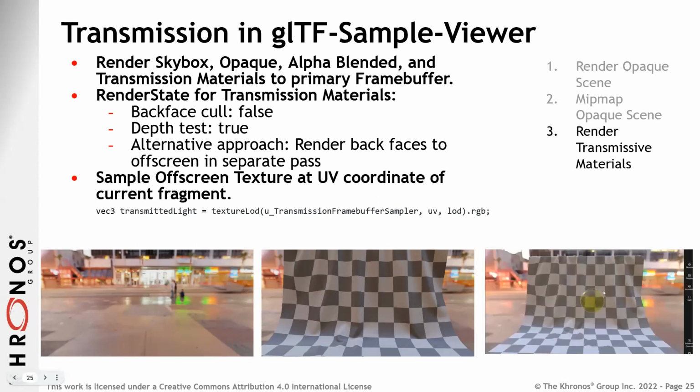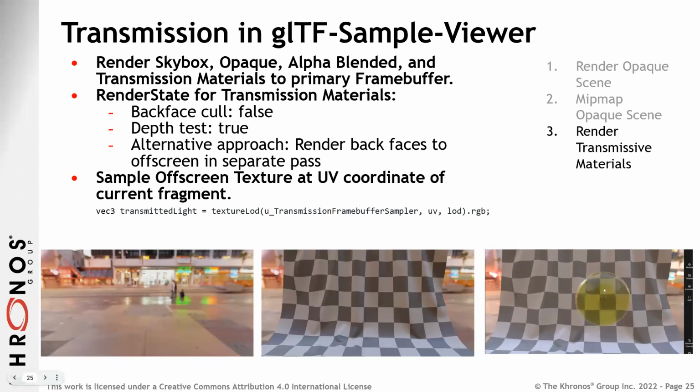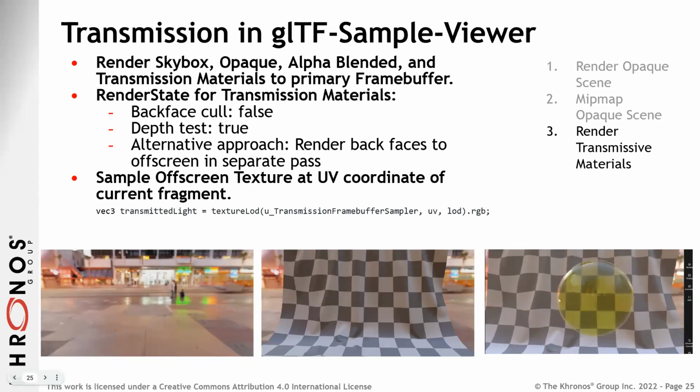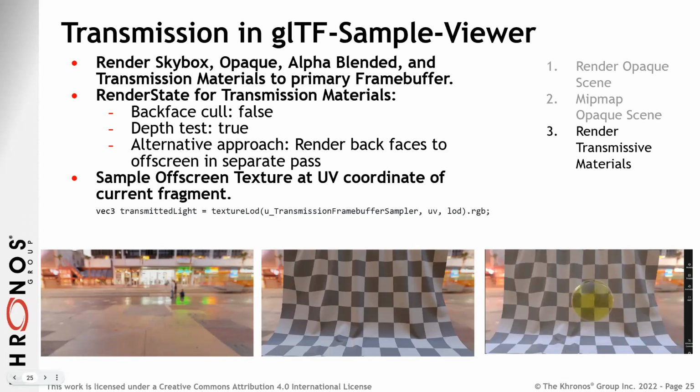One other comment, I called out the settings here that we use in the sample viewer. Backface culling is turned off and depth testing is set to true. And that's an approximation that was selected for performance reasons. And as a result, we are only processing that front, outermost surface of the transmissive material.